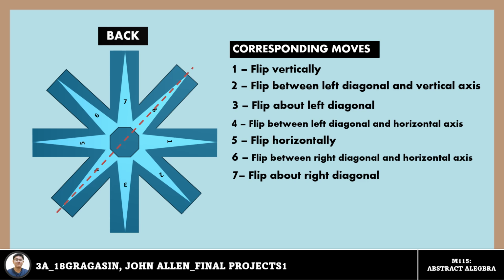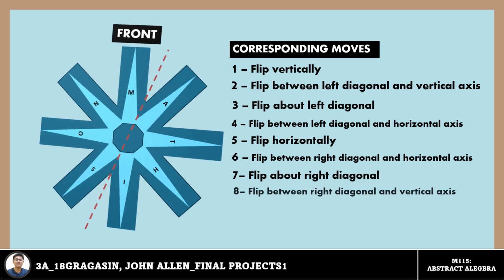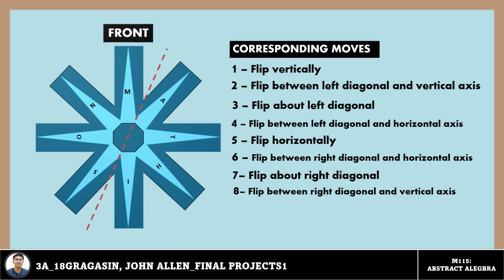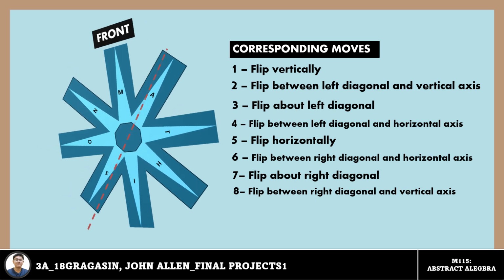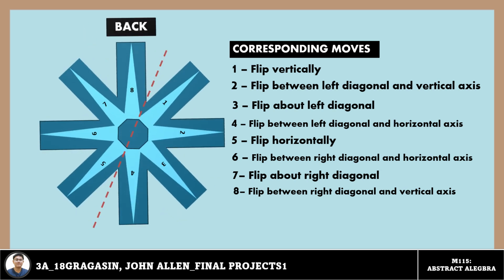And lastly, for the element 8, we will be needing to flip between right diagonal and vertical axis. And the move goes like this. Alright, that's all for the movements of our geometric model.